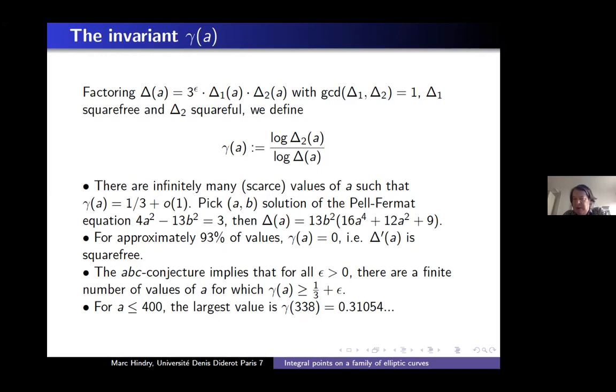That's why I liked to be able to choose gamma naught equals 0.35. And the biggest for A smaller than 400 is 0.31. So it's actually one of those numbers. So that's to give an idea that this hypothesis is very mild. I mean, essentially it's satisfied for all numbers, even if we cannot prove it.